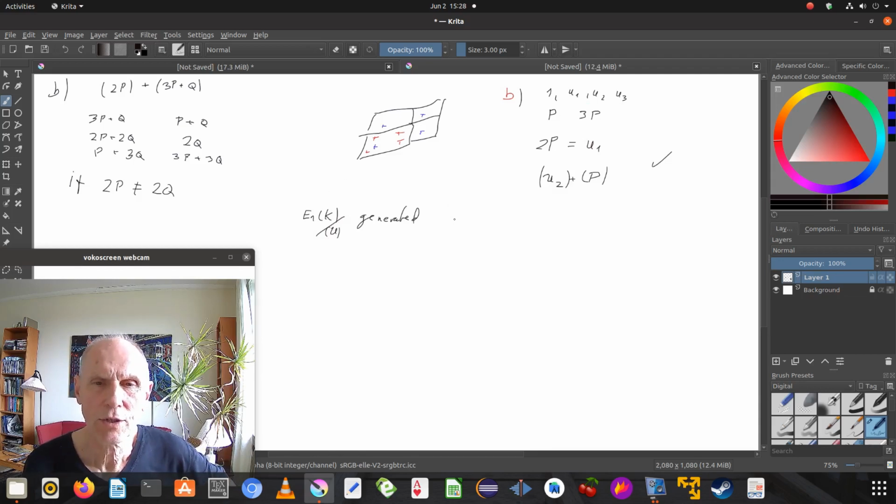If it's generated by elements of distinct prime order.